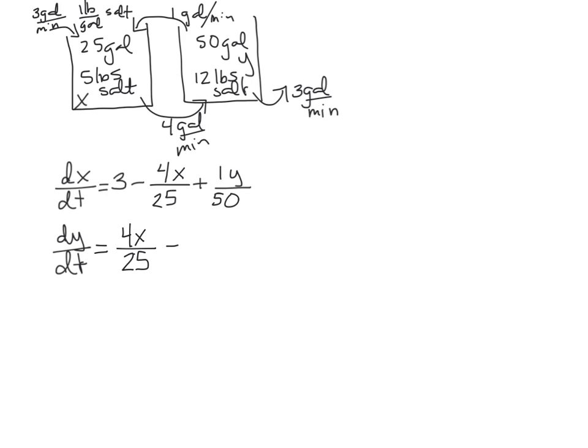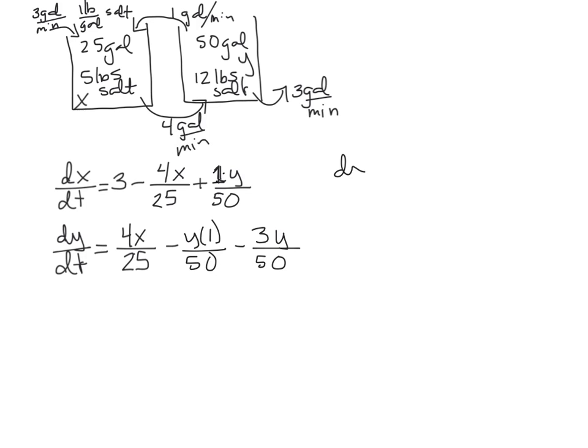Now minus, I've got that 1 gallon right here exiting the tank, so that would be 1 times Y, divided by the volume in tank Y. And then also exiting tank Y is that 3 gallons per minute with a concentration of Y and a volume from that tank Y of 50.